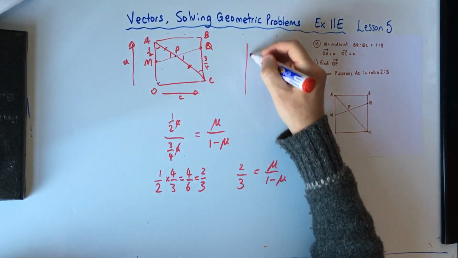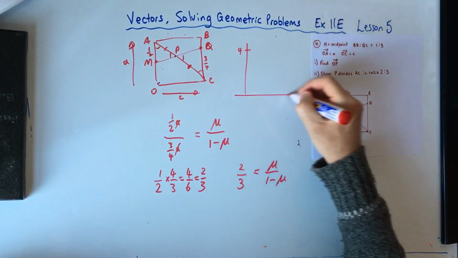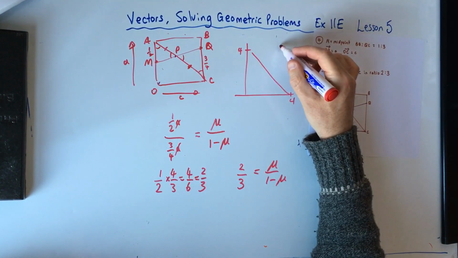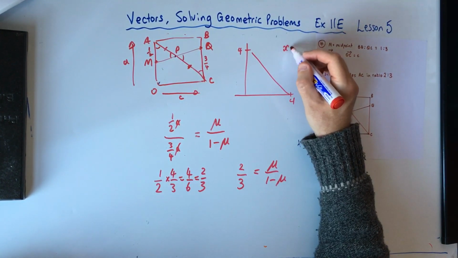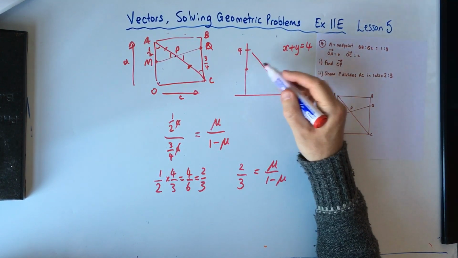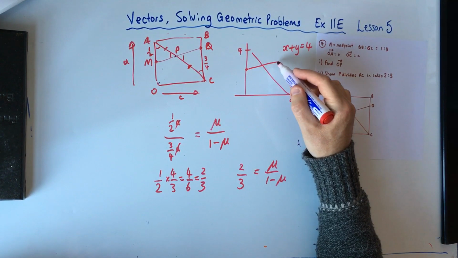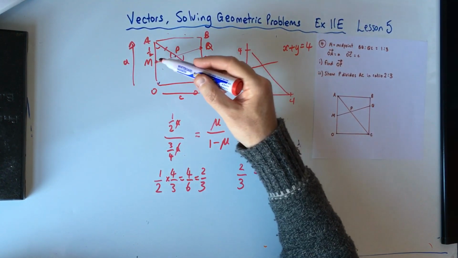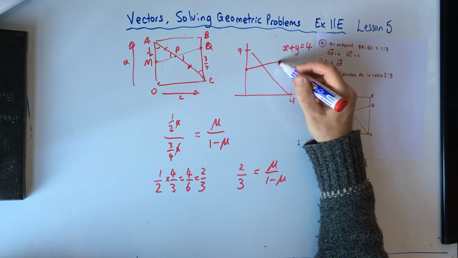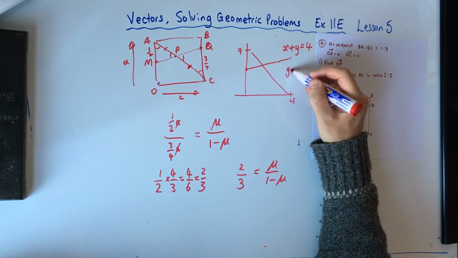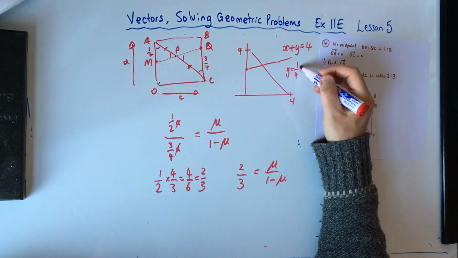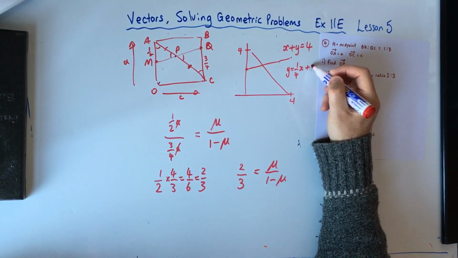You can say, well, coordinates 4 along and 4 down, so that line there would be x plus y equals 4, and this one here, y equals mx plus c. You can see for 4 along it goes up 1, so that line to there is y equals a quarter x plus c.